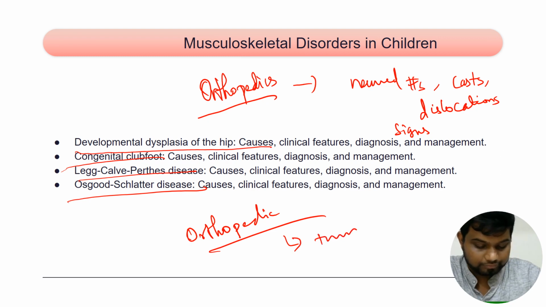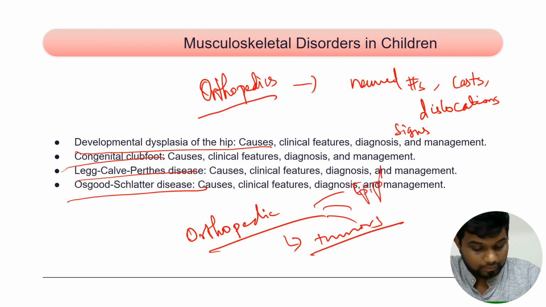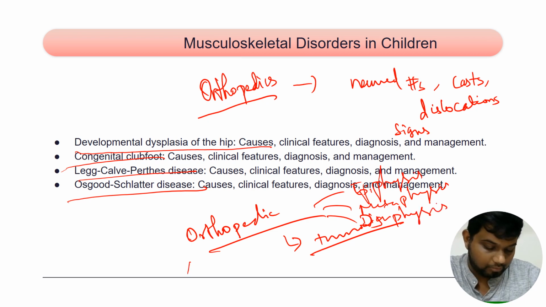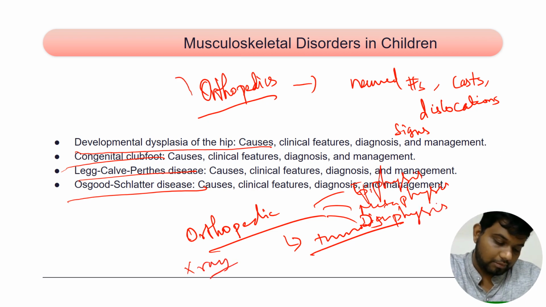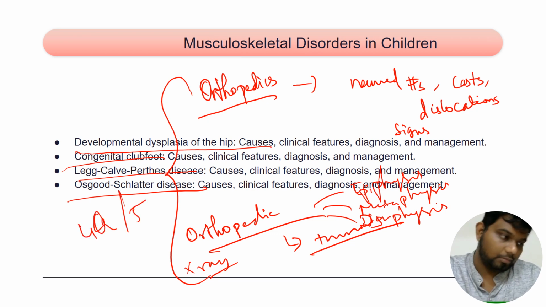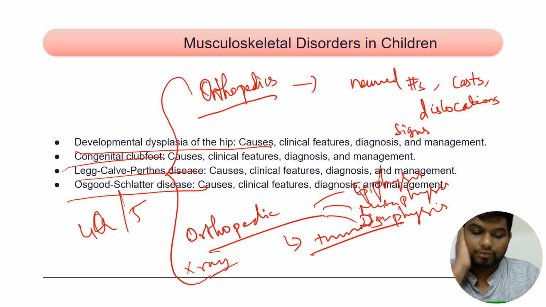You have to remember which one is coming from the epiphysis, metaphysis, or diaphysis, and all those things. And their characteristic appearance and X-ray pictures are pretty important. If you cover these, you may get 4 questions out of 5.